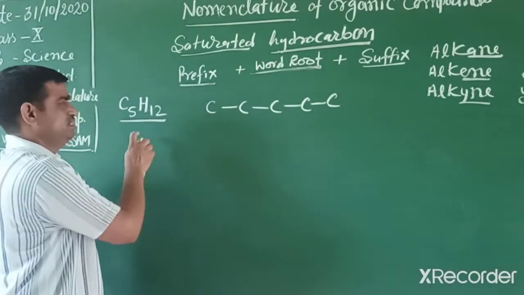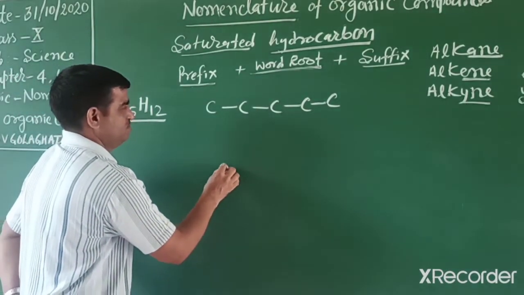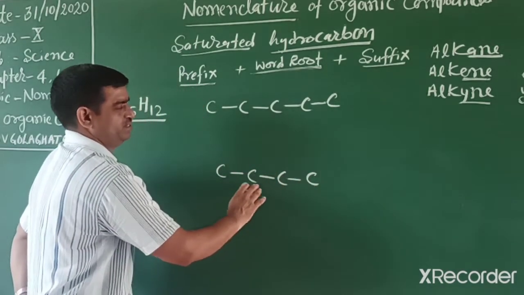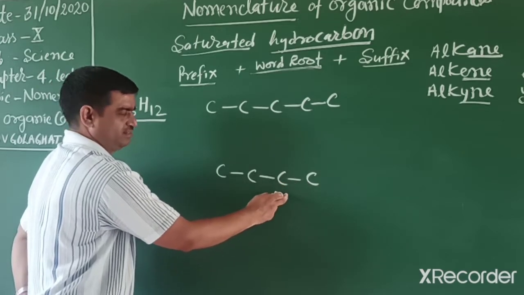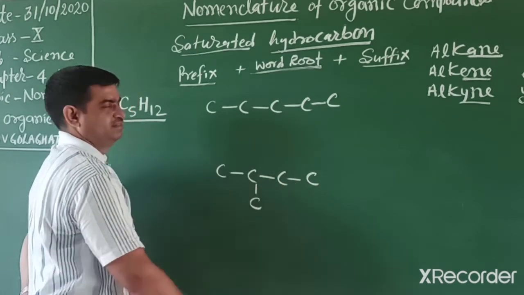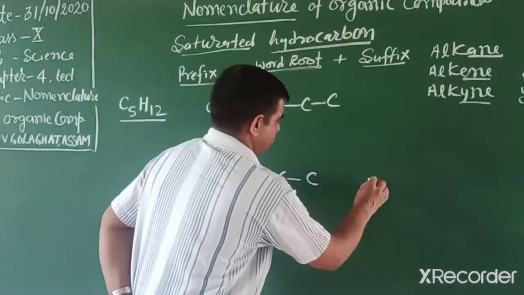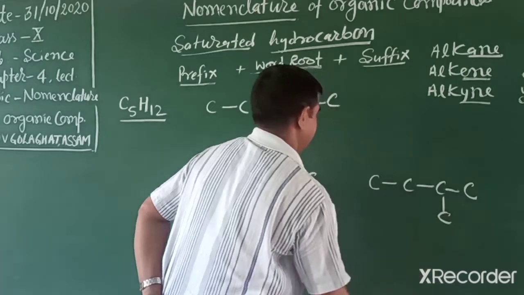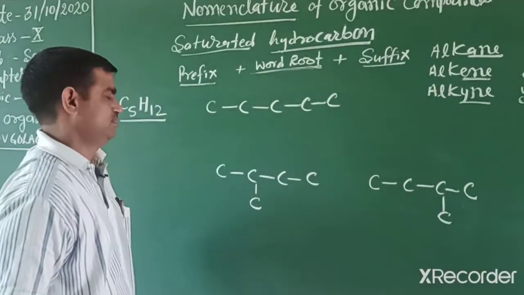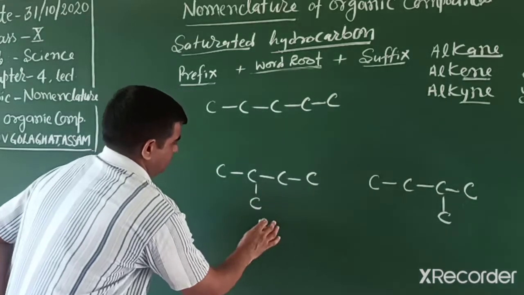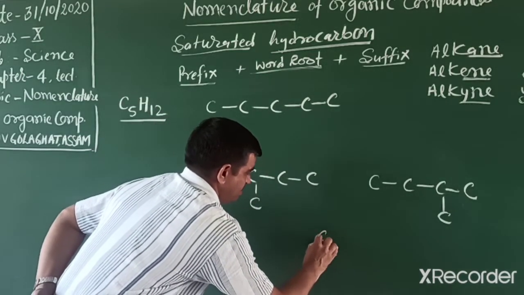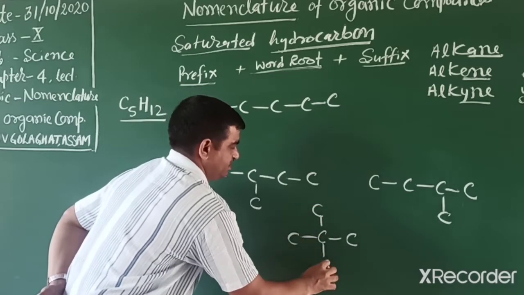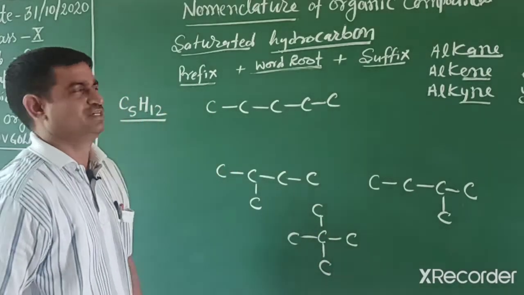Then another isomer we can write with 4 carbon as a straight chain and 1 as a substituent. You can add the substituent on either this carbon or this. I write like this. If I write a substituent on this carbon, then we write its name also. And the third one I can write here like this, 3 carbon and 2 carbon as a substituent.